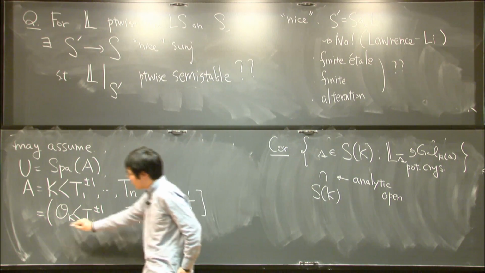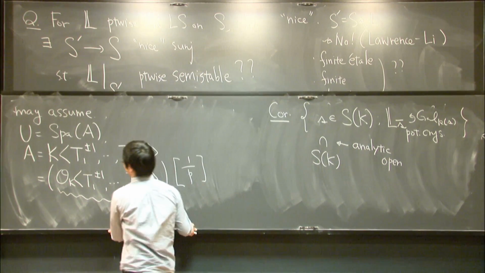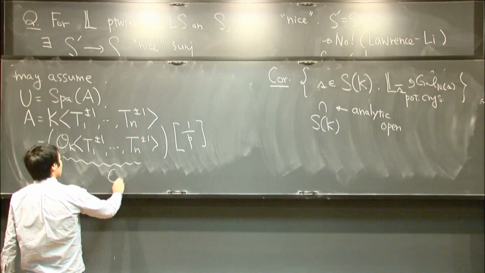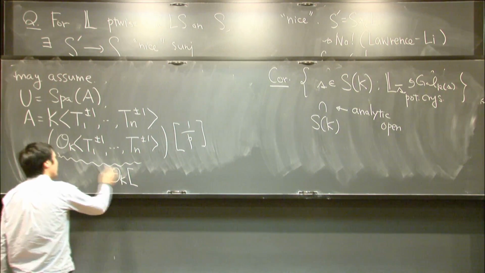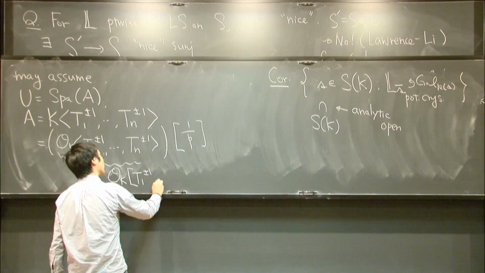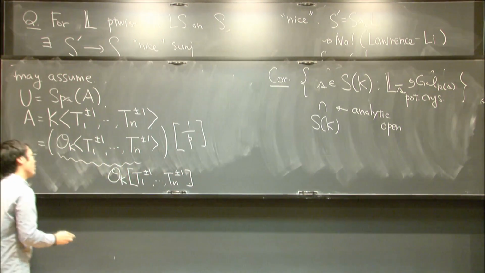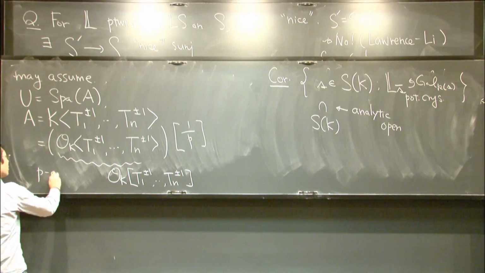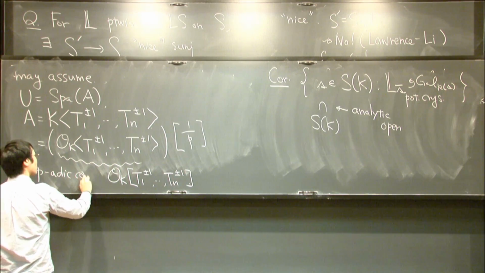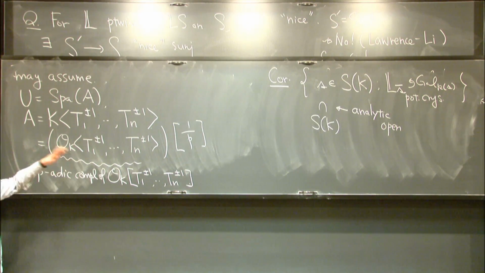So if you start with the Laurent polynomial ring with coefficients in O_K, namely O_K[T_1^{±1}, ..., T_n^{±1}], in this way, and if you just consider the p-adic completion of it, then this is denoted by this kind of angle bracket.